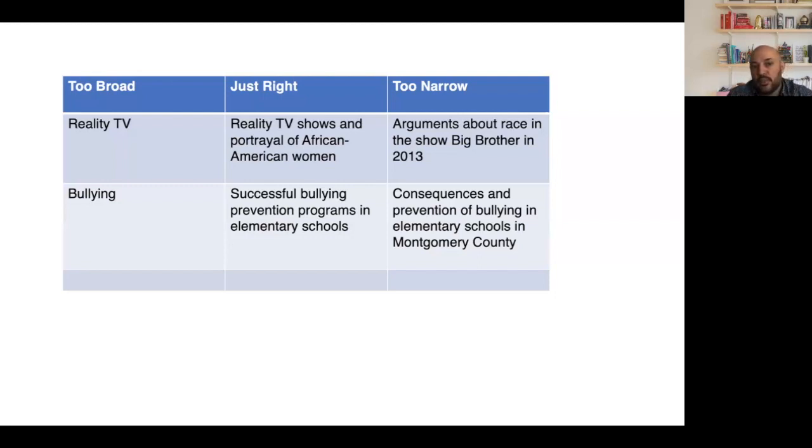Again, another example, bullying. Successful bullying prevention programs in elementary school is just right. But if you go too narrow, consequences and prevention of bullying in elementary school in Montgomery County, it's too narrow. It may be interesting just for people who live in the county, not really for a bigger audience.